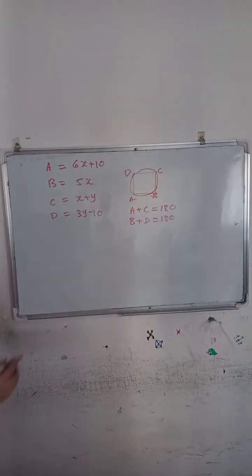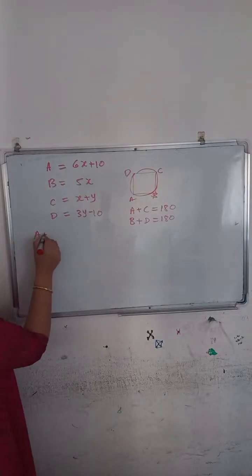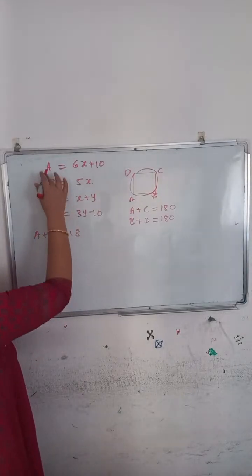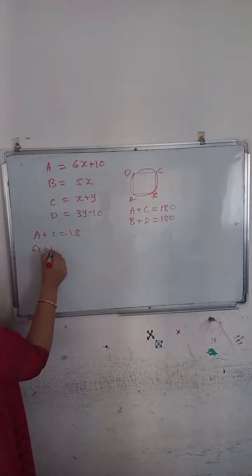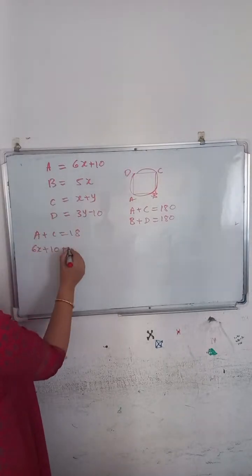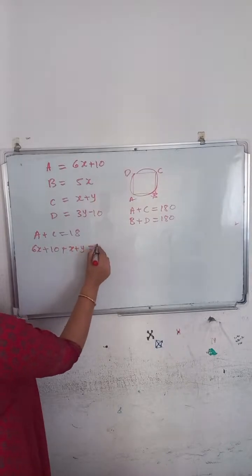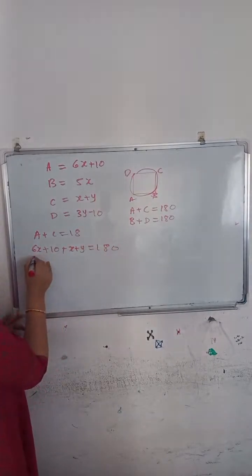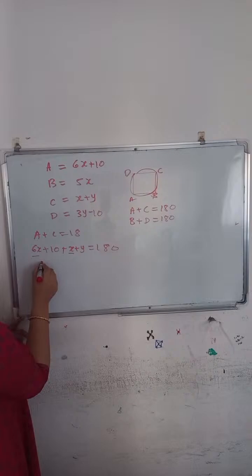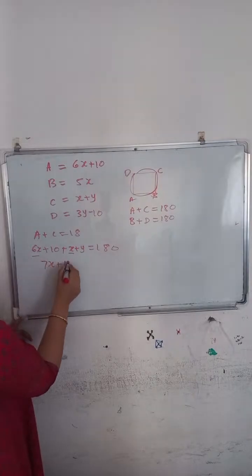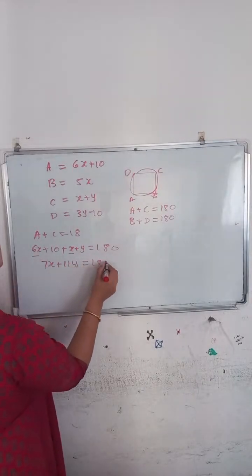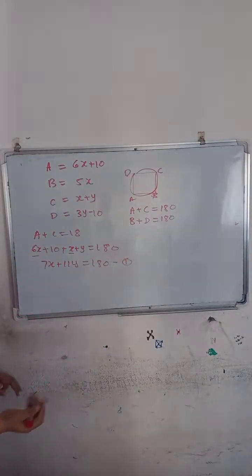So if I take A + C = 180, A is 6x + 10 and C is x + y, equal to 180. So 6x + x is 7x + y. This is my equation number 1.